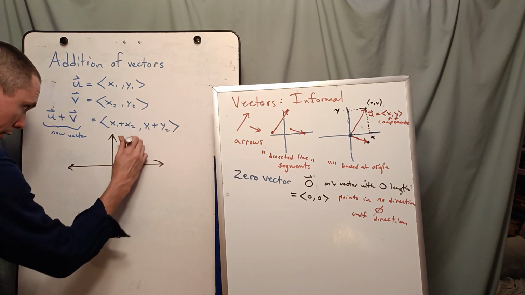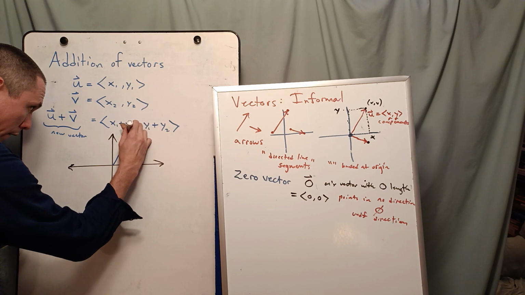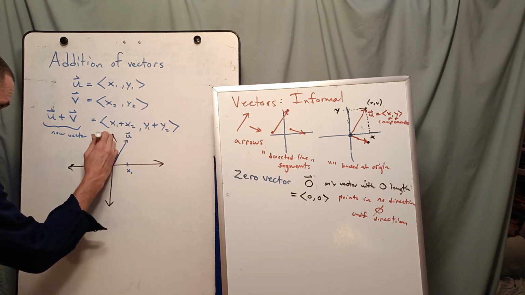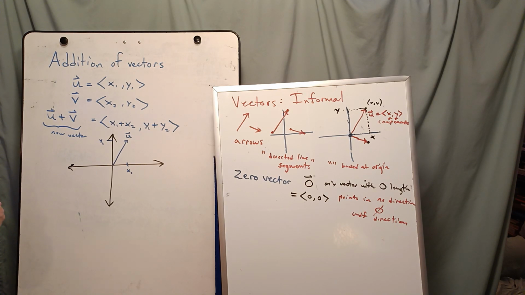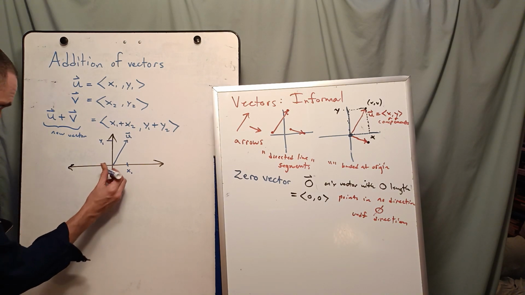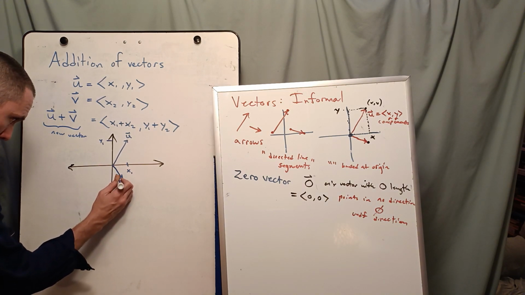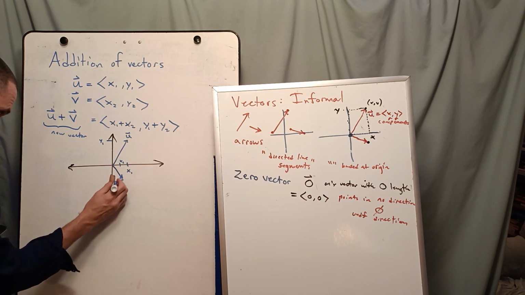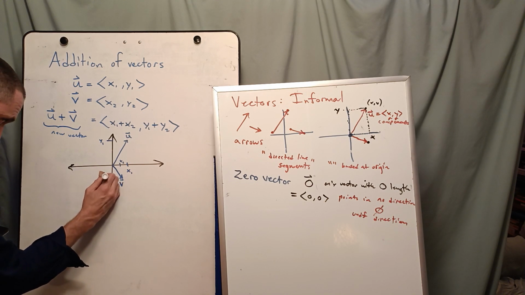Let's say my u looks like this. Here's his x1, y1. And let's say v is down here. Let's say this is x2 then, and this is y2.